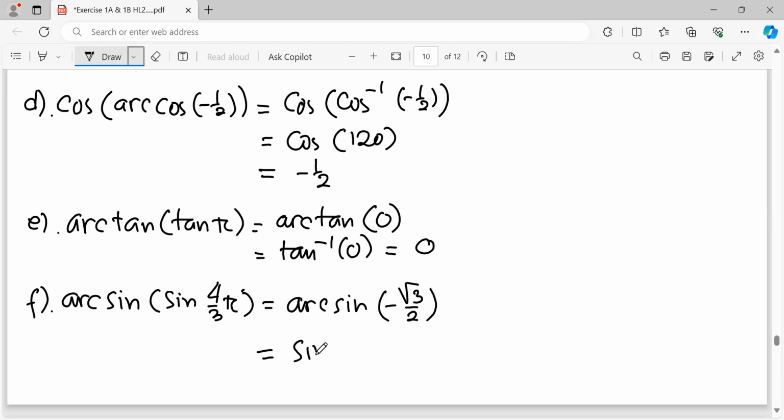So it is inverse sine, which equals minus pi third.